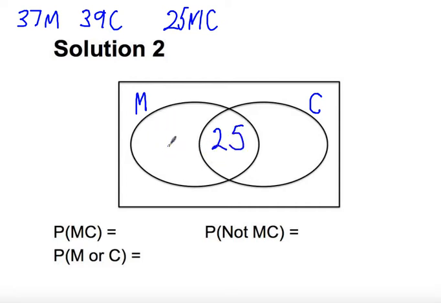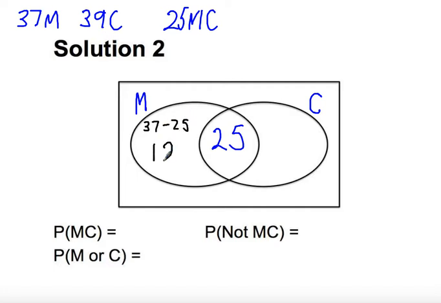Then in this mathematics club, the elements in this part of the oval representing the mathematics club must total 37. So what goes in this section here is the difference between 37 and 25.